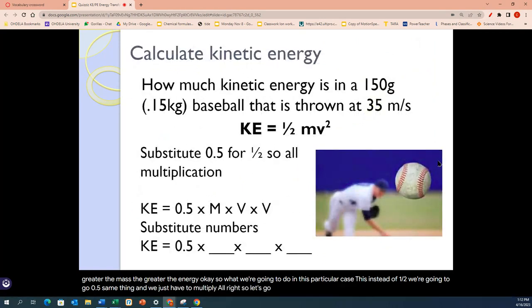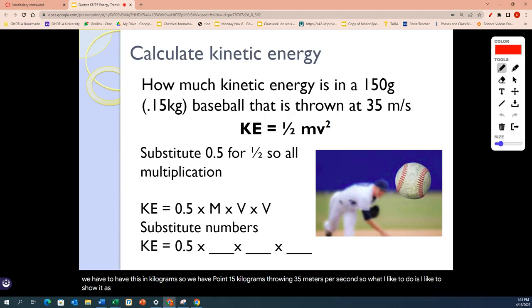All right, so let's calculate the kinetic energy of this baseball thrown to us. We have to have this in kilograms, so we have 0.15 kilograms. It's thrown 35 meters per second. So what I like to do is show it as 0.5 times the mass times velocity, because a lot of times people think velocity squared is really 2 times 35, and that's not correct.